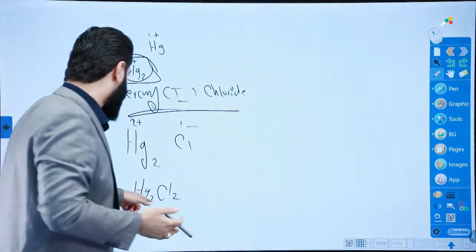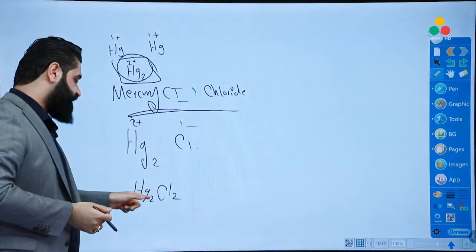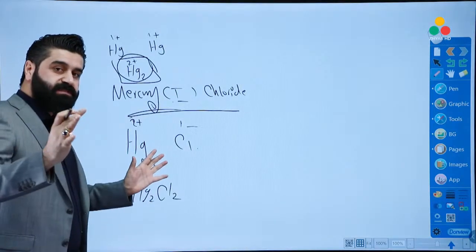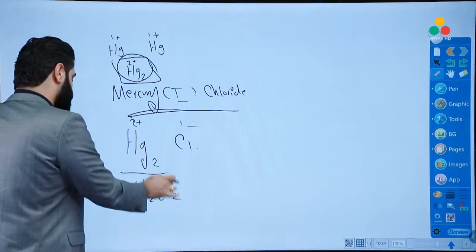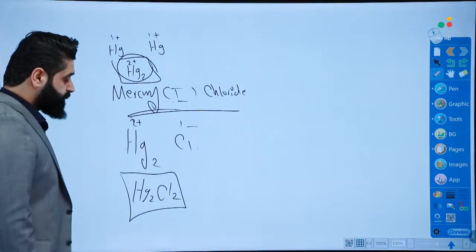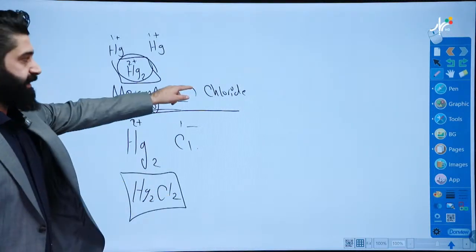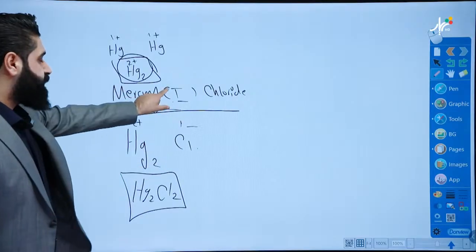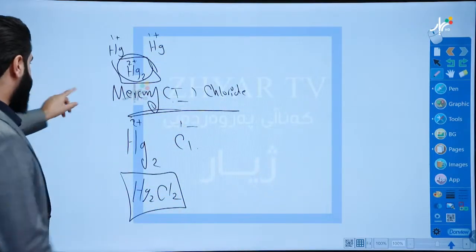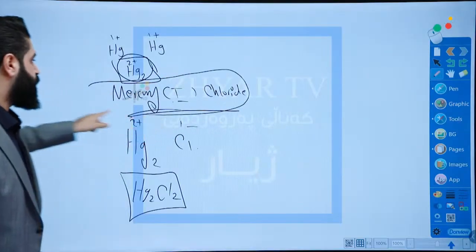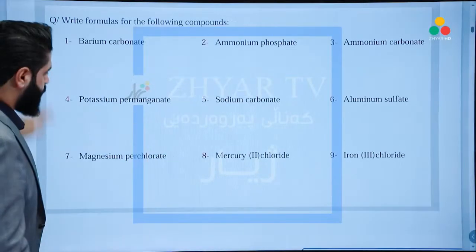But here, this number 2, we have this by the combination of two mercury atoms. So it's impossible to cancel them. The compound will stay like this. This is mercury monochloride. But for mercury +2, we'll solve that one as the other examples. As I say, this is a special case only for mercury +1. Good.